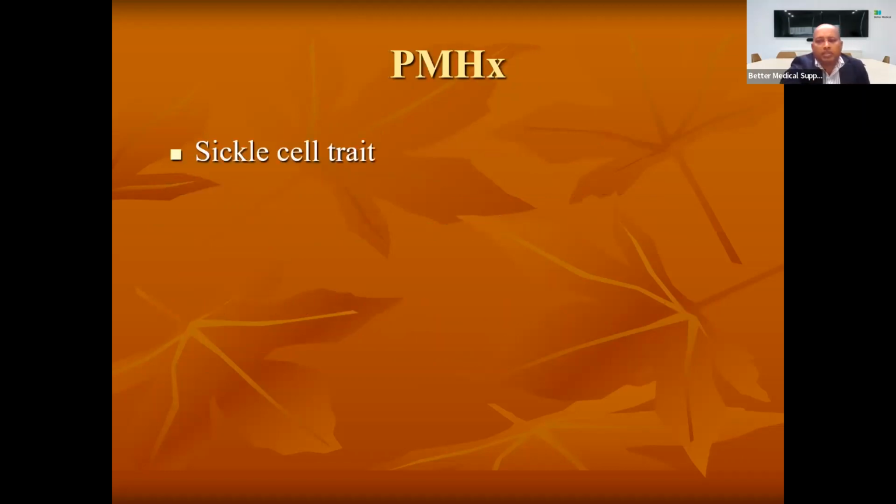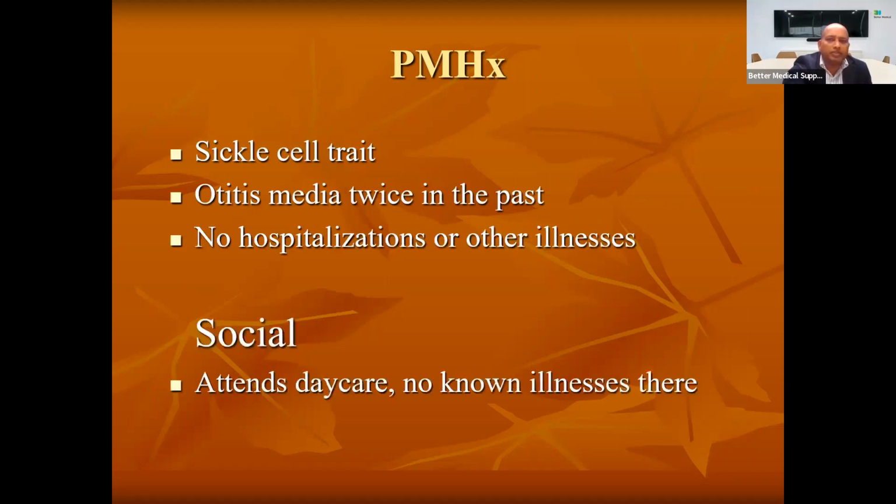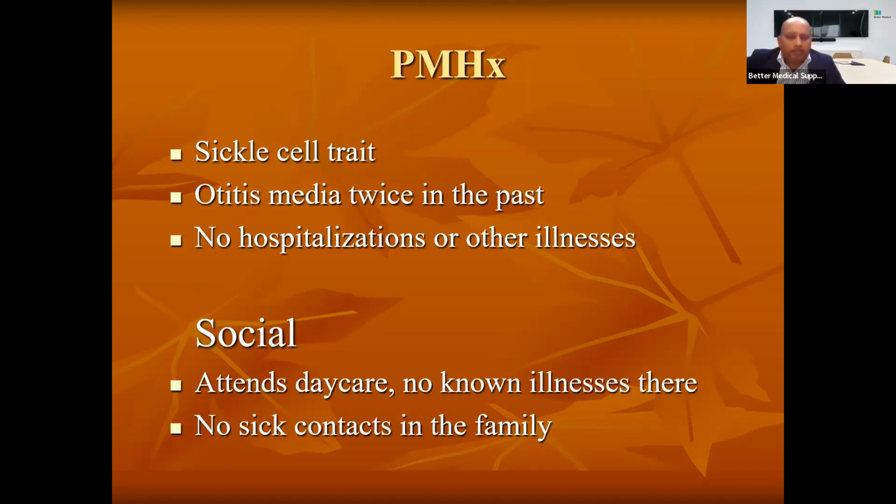He has sickle cell trait, which is asymptomatic. In the past medical history, he had a bit of otitis media, otherwise he's a healthy child. He attends daycare with no other illnesses. We asked whether he has any contact history of other problems and couldn't find anything.